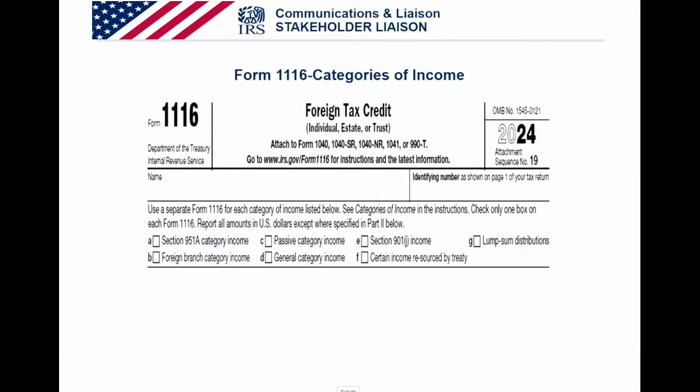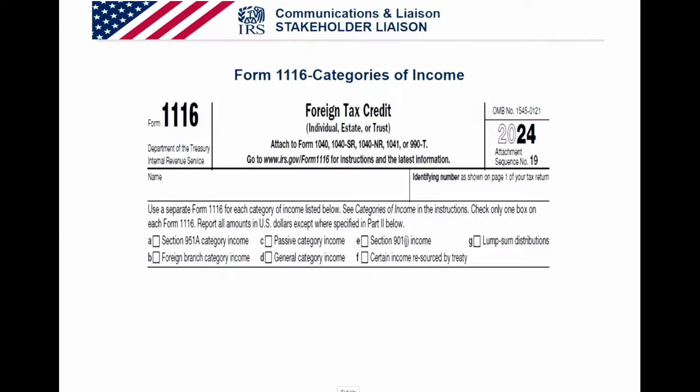It includes the income and profits that are income attributable to the foreign branch, a distributive share of partnership income attributable to a foreign branch, and income of other pass-through entities attributable to a foreign branch. Pass-through entities cannot have foreign branch category income, but their non-pass-through U.S. owners can. And category C, passive income.